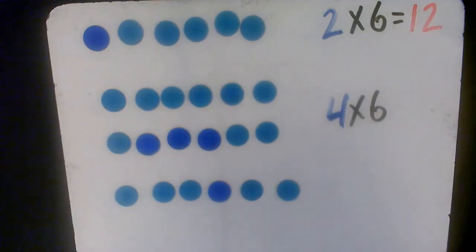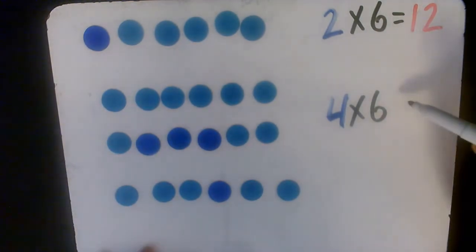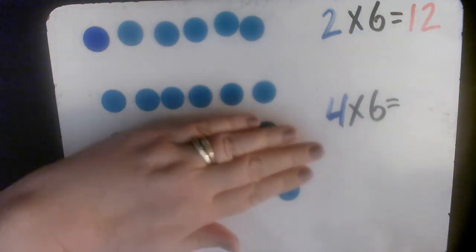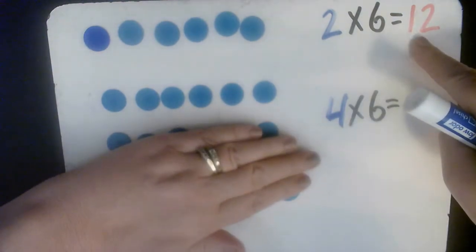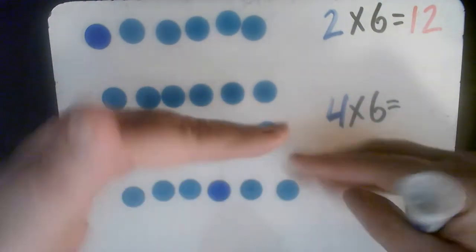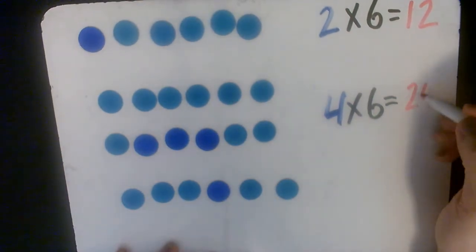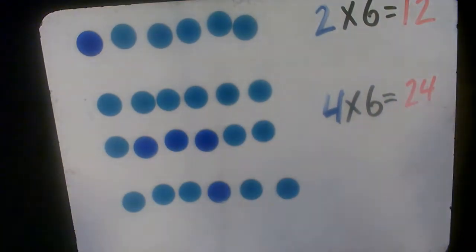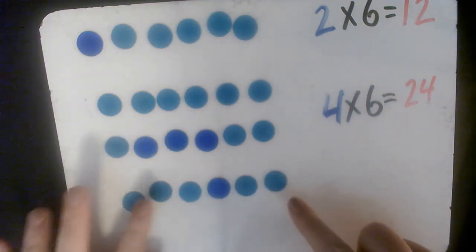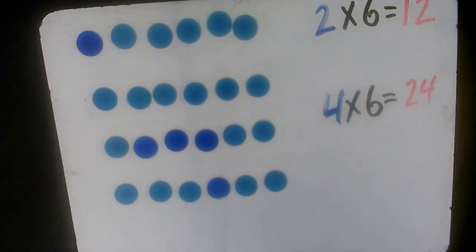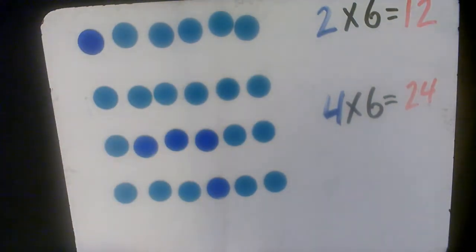And I just think back to what I had when there were only 2 groups. And when there was only 2 groups of 6, I had 12. So now I've added another 12 because I've added another 6 plus 6. And I know that 12 plus 12 is 24. By the way, I kind of made an array here. If it was lined up a little better, I wasn't even trying to do that. Okay, so I've got my rows and my columns to make an array.